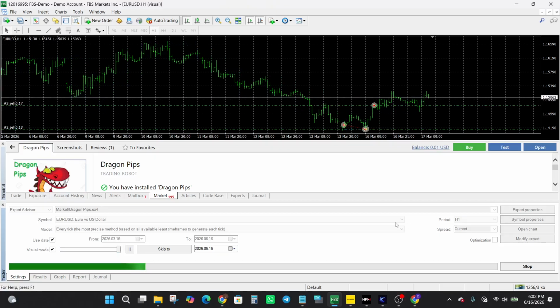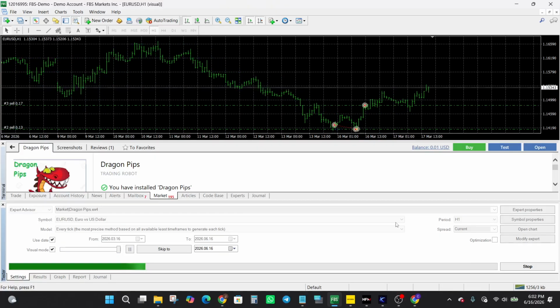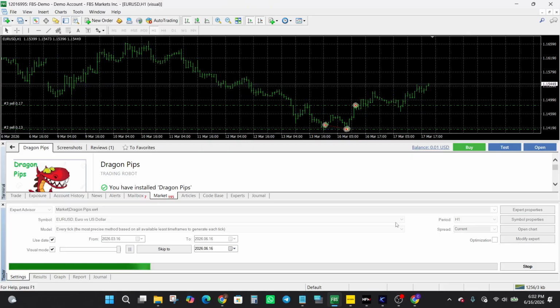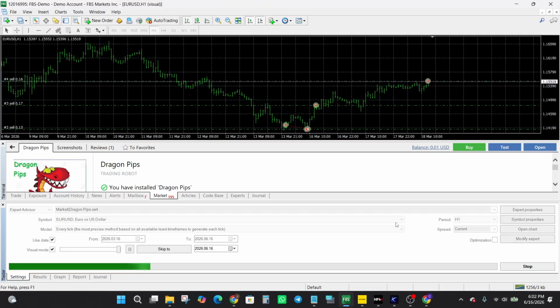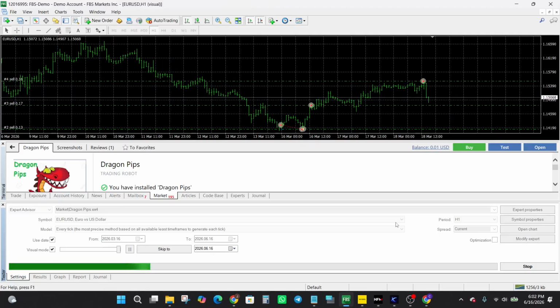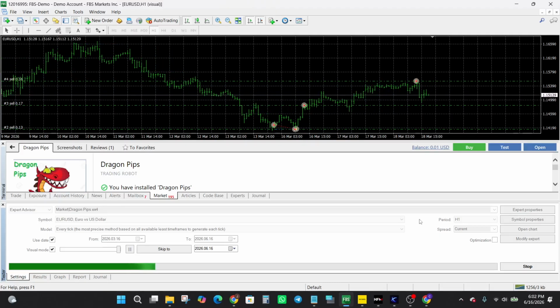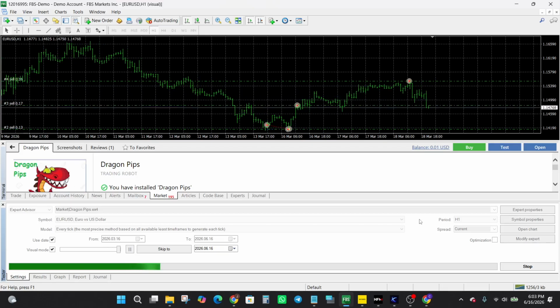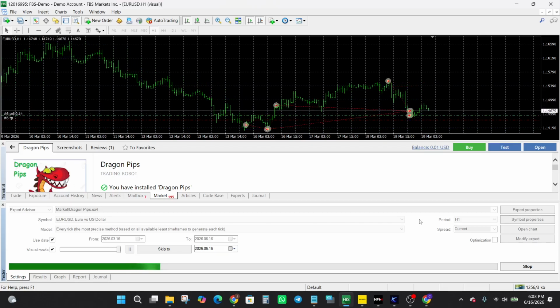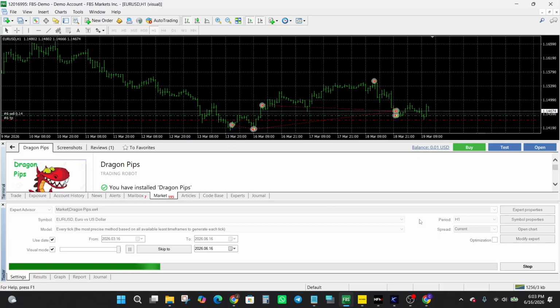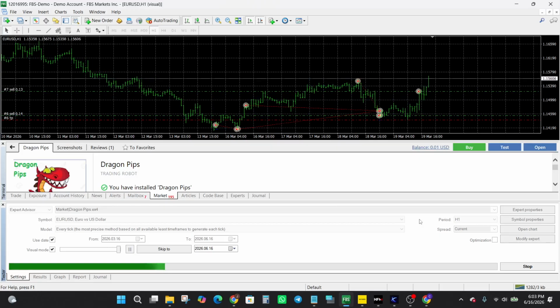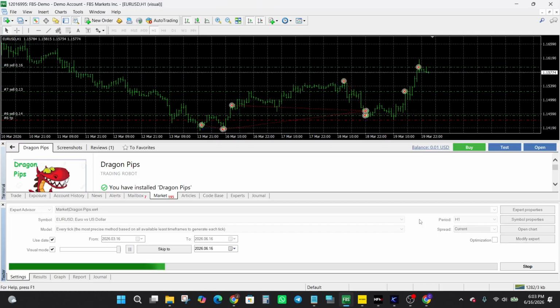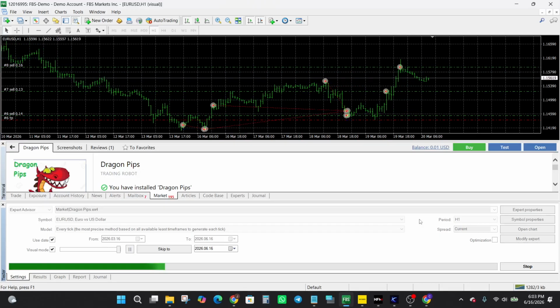Testing over extended periods can often reveal strengths and weaknesses that may not appear in shorter test samples, right? So when reviewing the historical chart activity, pay attention to trade frequency, drawdown behavior, and overall consistency. These factors often provide a clearer picture of historical performance than profit figures alone.